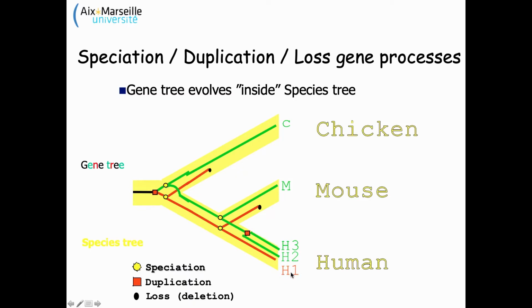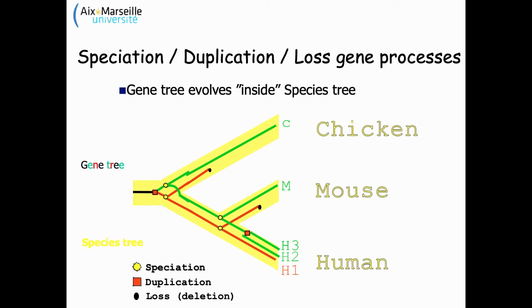Now, if I proceed to the phylogenetic tree, if I'm looking for homologs of those genes, I will have all of them, the green genes and the red gene here. It's okay? But if I get the tree, I will find that C, M, H3 and H2 group together, but H1 is alone.